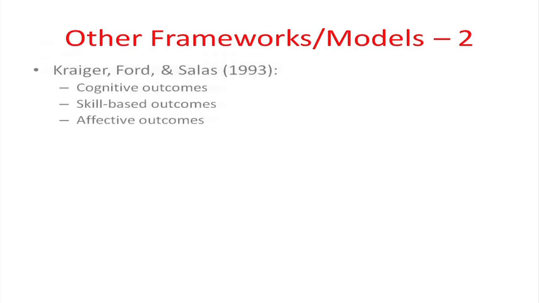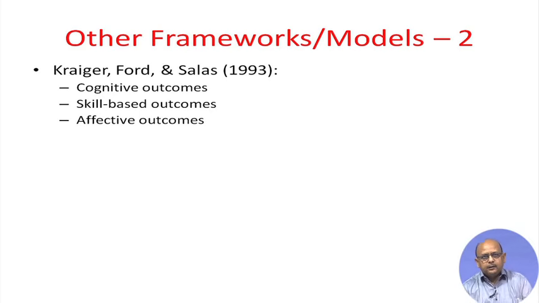Now, if you look at these two frameworks, we proceed further with other frameworks or models, like Kraiger, Ford and Salas. He talked about only outcomes, that is cognitive outcomes. Cognitive outcome means his knowledge, a skill, whether he has learned how to use that knowledge, and affective, whether he is going to apply it to improve his performance or not.